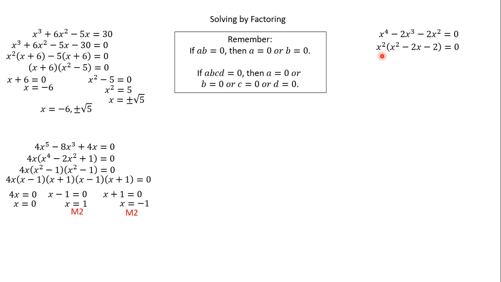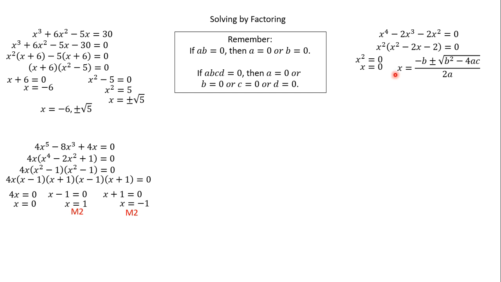But first, we have x squareds that could equal 0, in which case x will just equal 0. And notice that's a double root, because there's 2 of them there, x and x. And then for the x squared minus 2x minus 2, we use a quadratic formula. If you don't remember what that is, x equals negative b plus or minus the square root of b squared minus 4ac all over 2a.